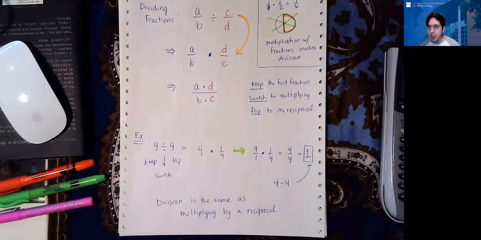And in fact, you would just say, I've memorized my times table, 4 divided by 4 is 1. Perfectly acceptable. But with fractions, you will have to do the keep, switch, flip, because that's really the only way to process these things. Okay. So, does anybody have any questions, comments, or concerns about this rule for dividing fractions?